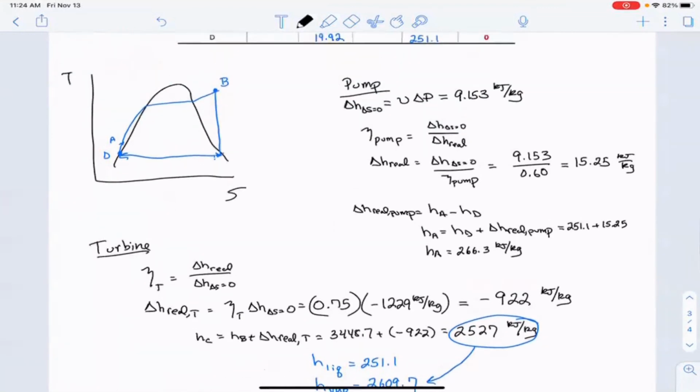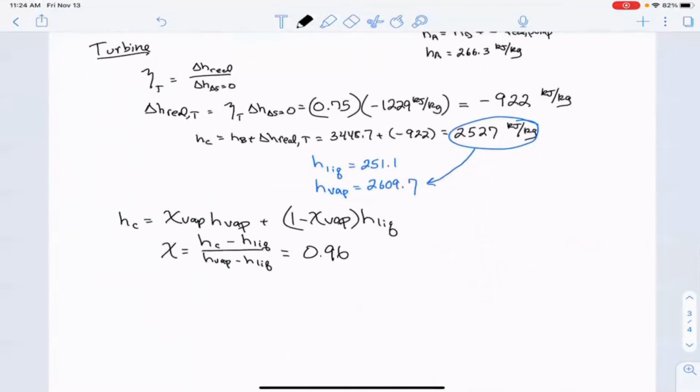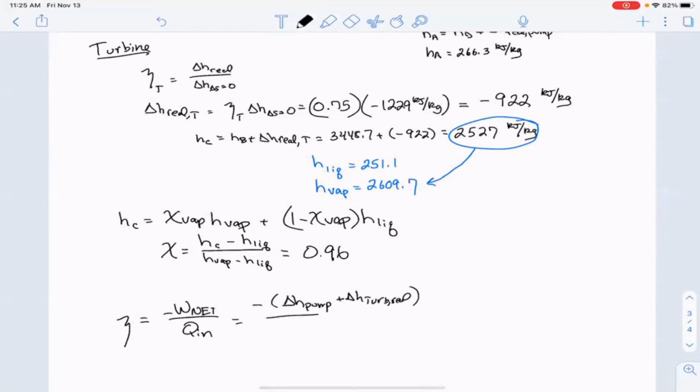And now in this problem, we have the enthalpy at all 4 stages. And actually some of these steps, we already have delta H. So we can solve for both the efficiency and the mass flow rate. And the efficiency, we'll use the exact same equation that we used before, where it's still minus the net amount of work over the heat that we added. And that's equal to minus delta H for the pump plus delta H of the turbine, and that's real. These are both real, divided by the heat that we added in the boiler.